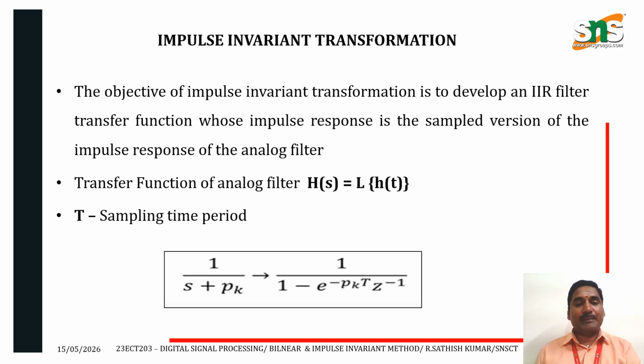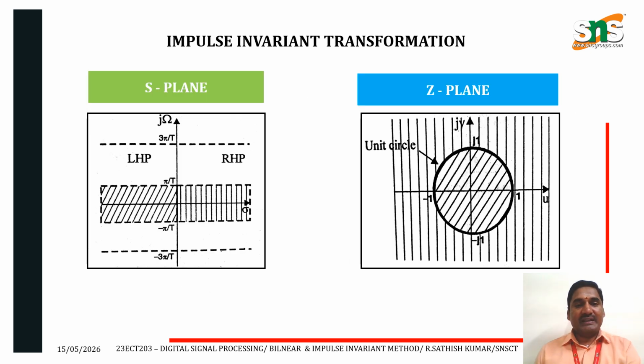T is nothing but the sampling time period. Next one, this is the impulse invariant transformation from S-plane to Z-plane. The left half of the S-plane is mapped into the interior of the unit circle in the Z-plane. The right half of the S-plane is mapped into the exterior of the unit circle in the Z-plane.